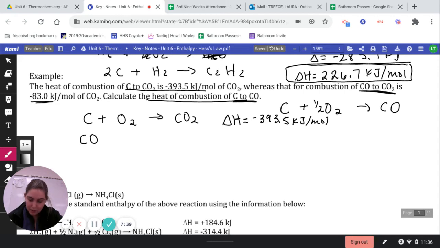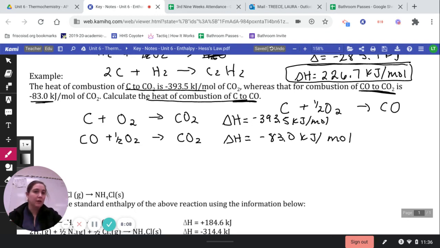So carbon monoxide plus oxygen yields CO2 again. If you put a half in front of the O2 again, it'll balance this equation. And our delta H here is negative 83.0 kilojoules per mole.